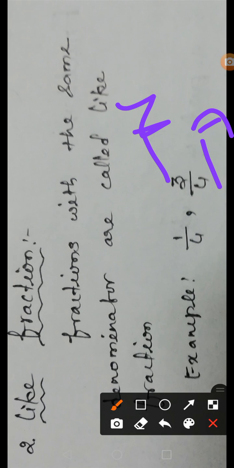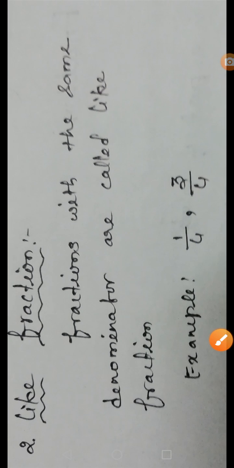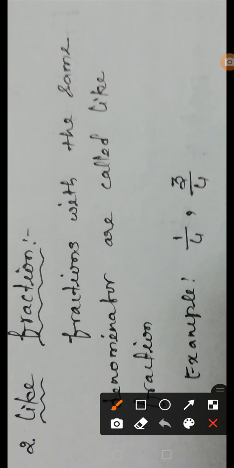So whenever the denominator is the same, those fractions are called like fractions. Do you understand? Unit fraction means the numerator is always 1. Like fraction means all the fractions have the same denominator.